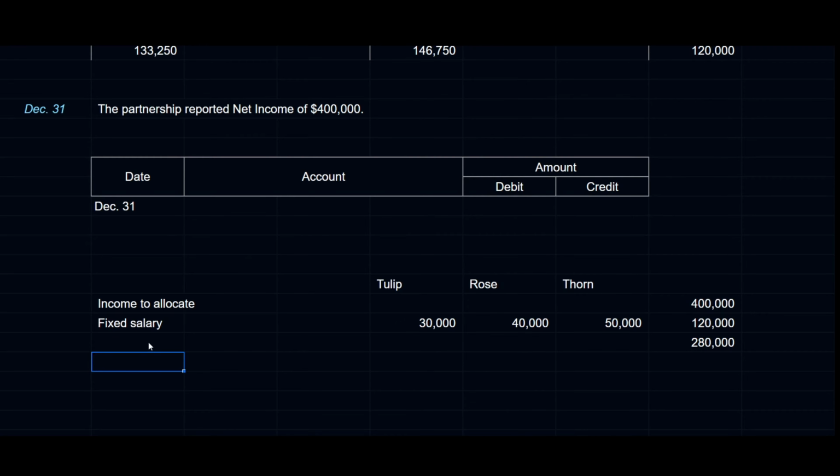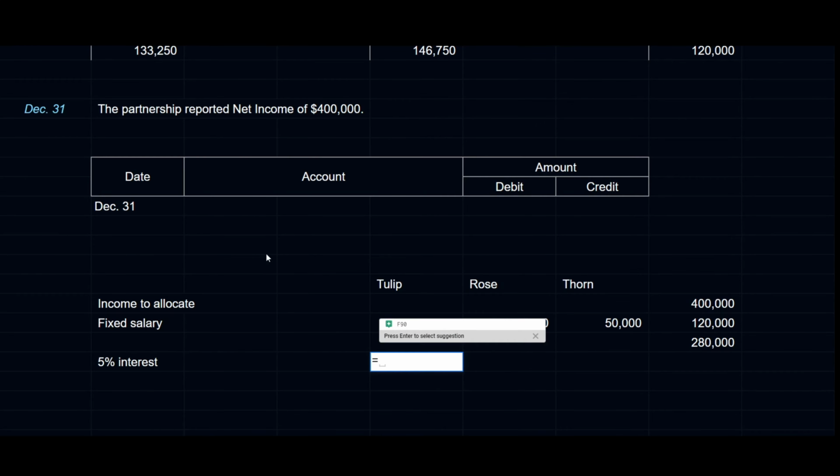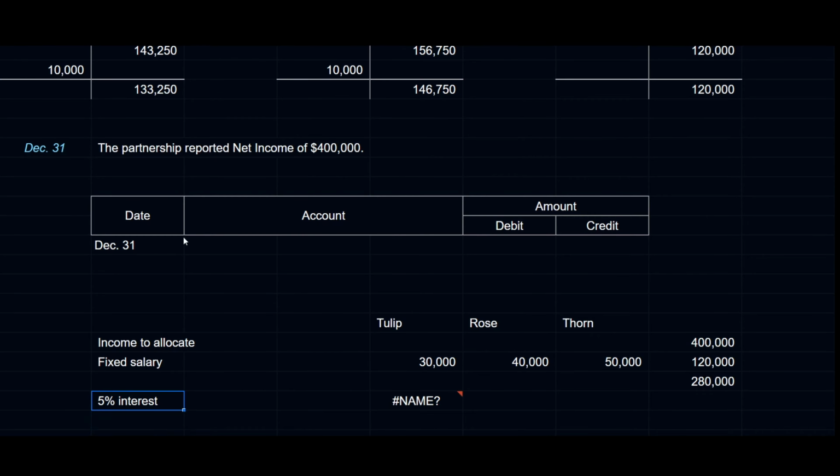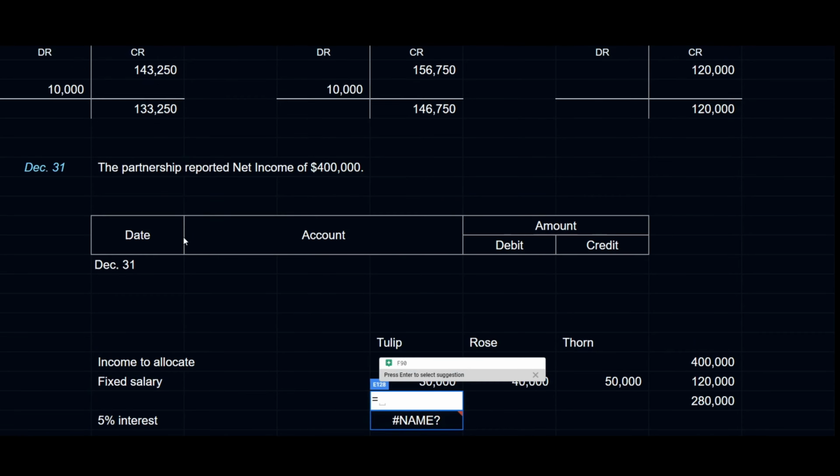Let's continue on. The next thing to do was a 5% interest on their end of capital balances prior to any allocation. So prior to doing this process, we know that Tulip's balance was 133,250. We can multiply that by 5%.